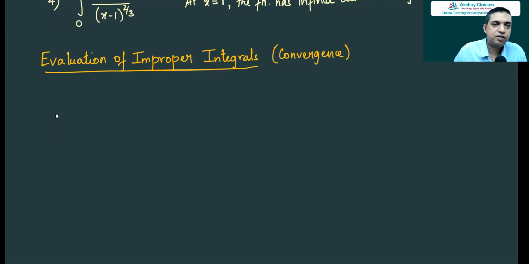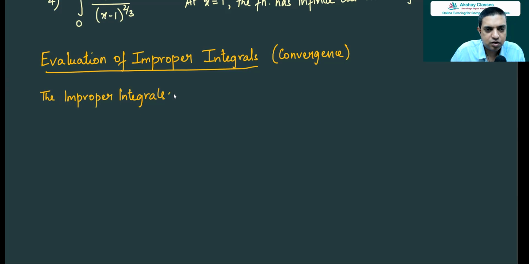We'll discuss what is convergence and divergence. Now, the improper integrals of the first kind are evaluated as follows.